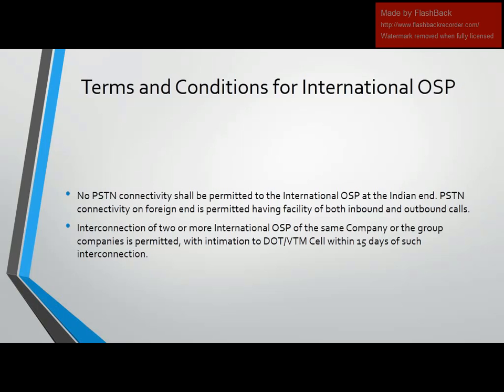Interconnection of two or more international OSPs of the same company or group companies is permitted, with intimation to DoT or the VTM cell within 15 days of such interconnection.